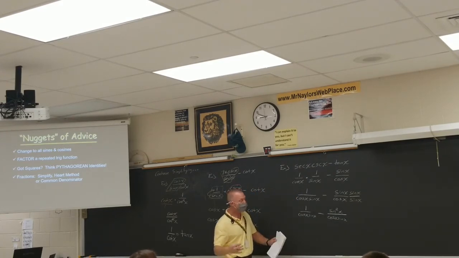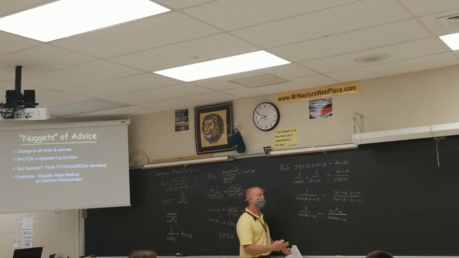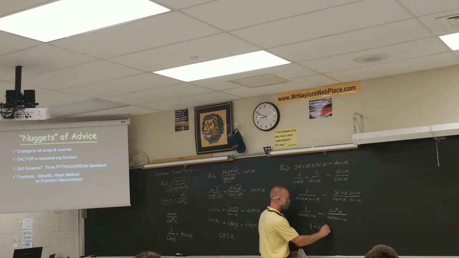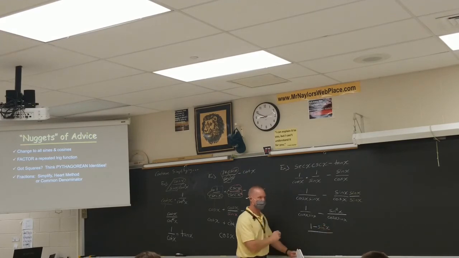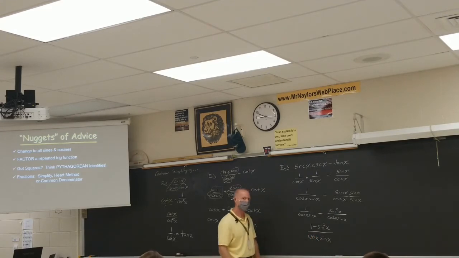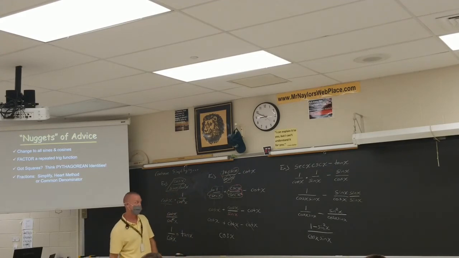And let's subtract these fractions. This is the whole reason you did this. And honestly, folks, you could skip to the step where you write 1 minus sine squared all over the common denominator. This is why we did this, so we could write this as one fraction: 1 minus sine squared all over the common denominator.